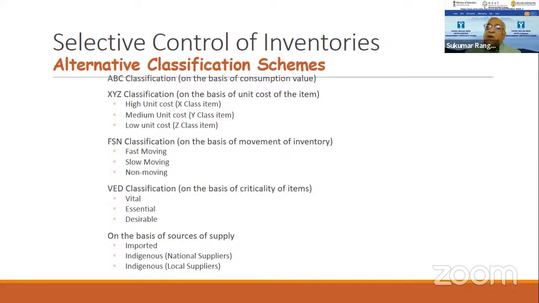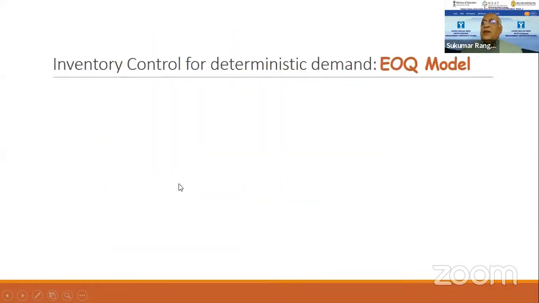Certain critical raw materials, whether A classification or C classification, were got from within the country and imported. And within that, of course, you can also do an ABC classification. That is possible. Okay. So we will take a break now.